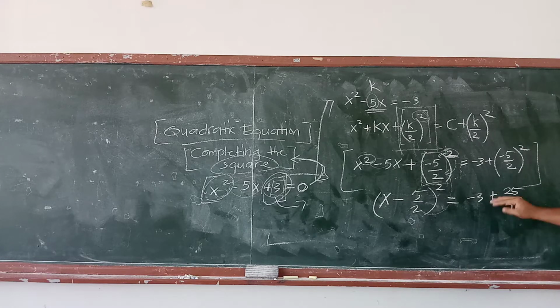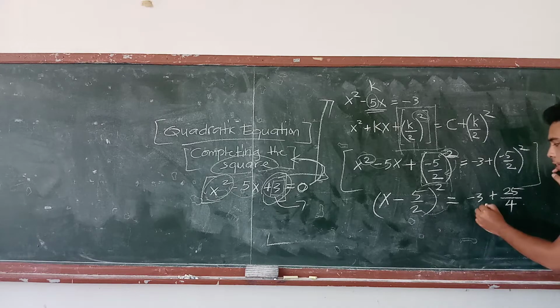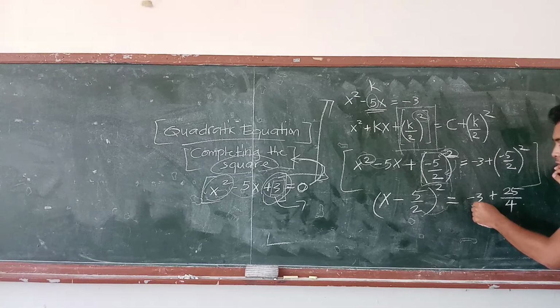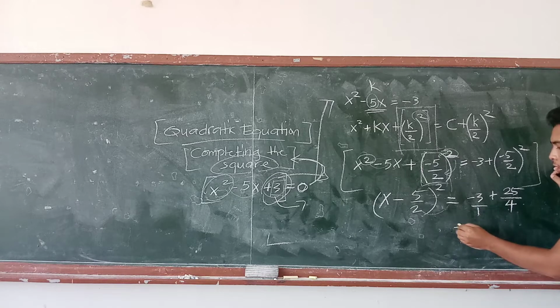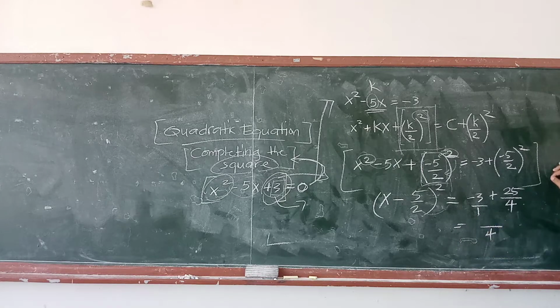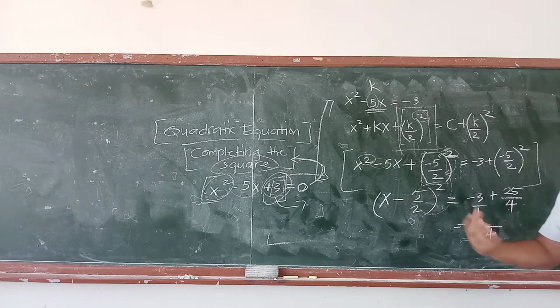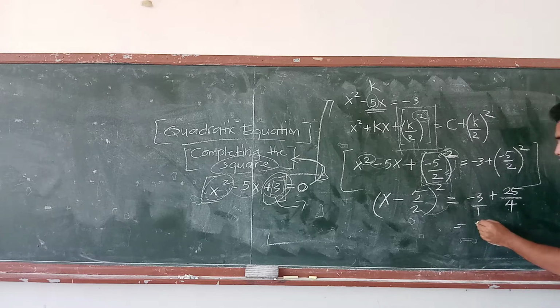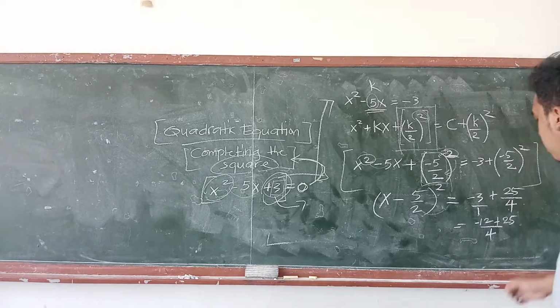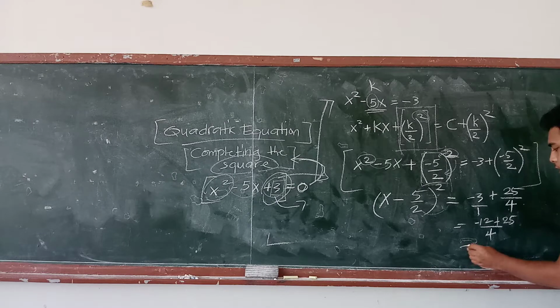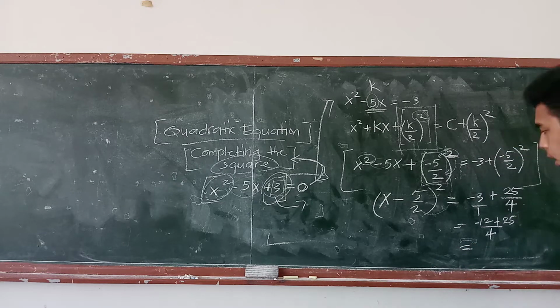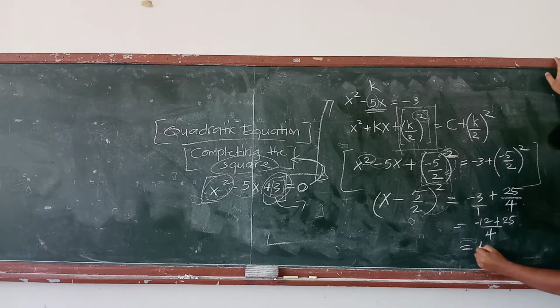So negative 3 plus 25 over 4, to simplify that one by finding the LCD. The LCD between 1 and 4, that is equal to 4. 4 divided by 1, that is 4 times 3, that is negative 12 plus 25. Then negative 12 plus 25 over 4, that is equal to 13 over 4.